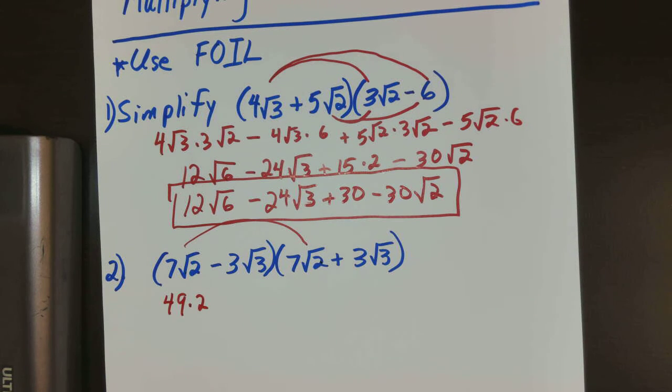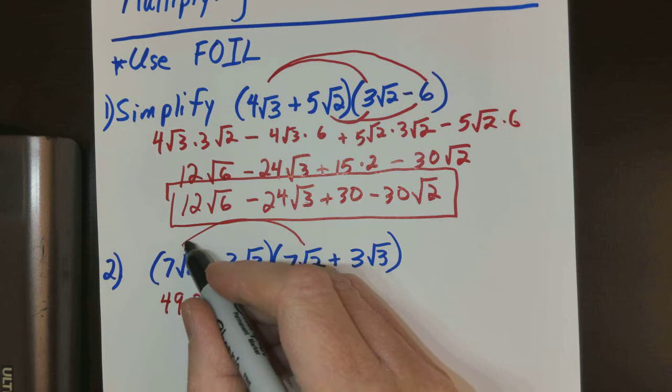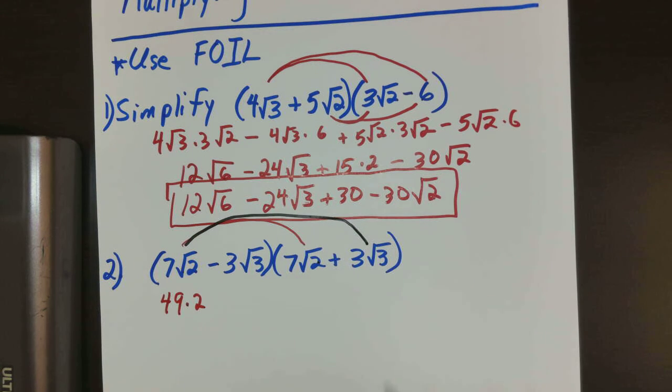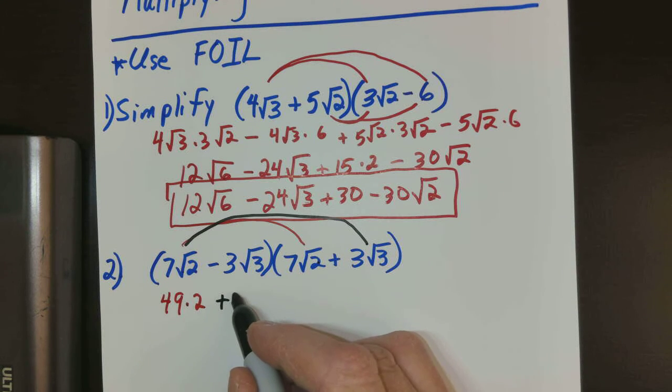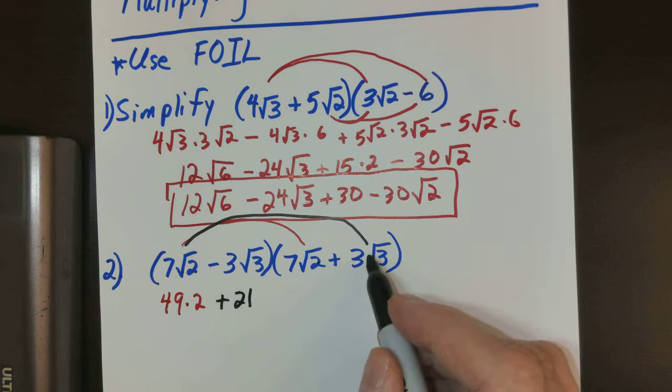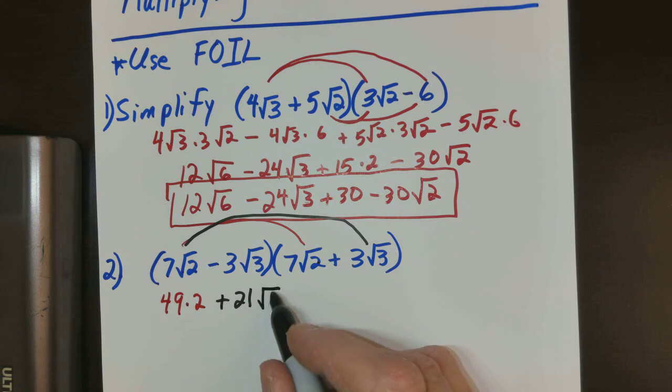That's the first. I'm going to change colors here, be fancy. And then outside, 7 radical 2 times 3 radical 3. 7 times 3, that's going to be positive 21, and square root of 2 times square root of 3 is square root of 6.